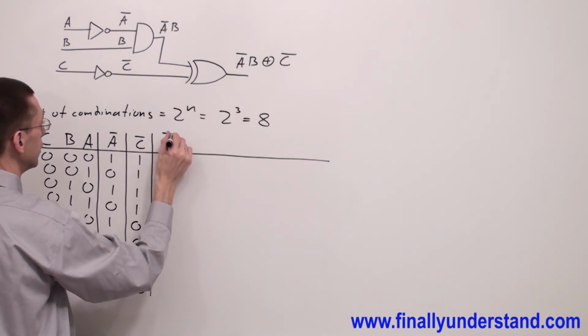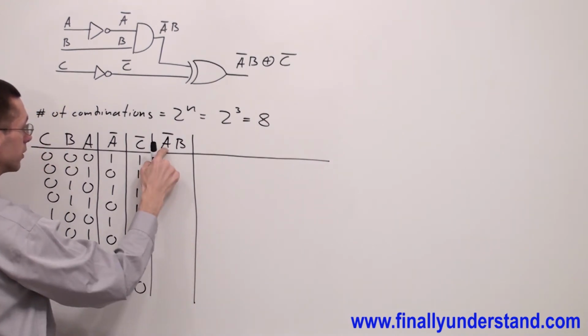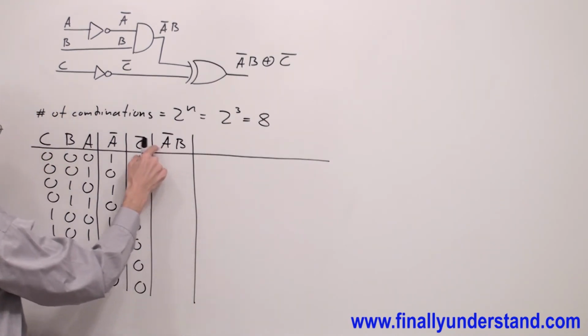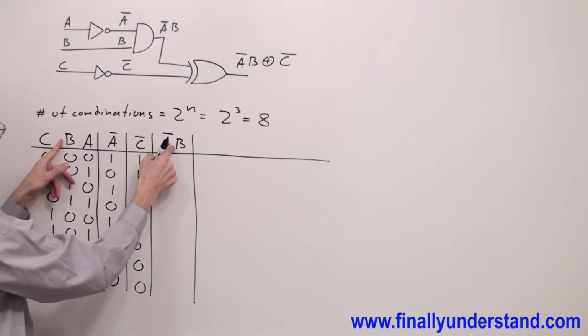I have A naught B. This is an AND gate. This is AND of A naught and B. This is nothing else, just the algebraic multiplication.